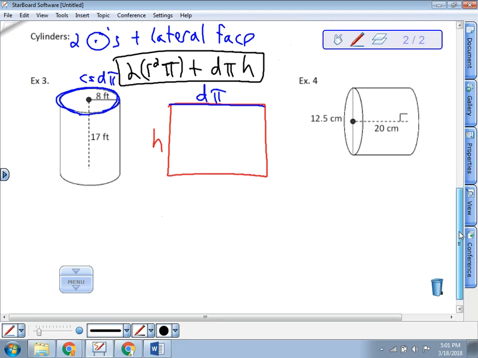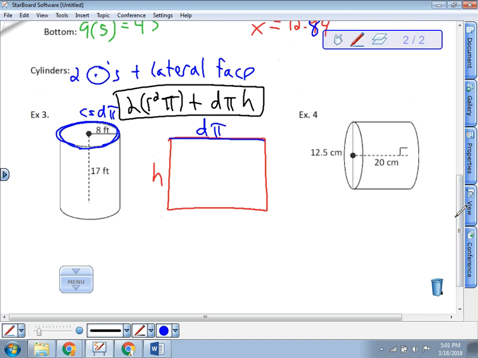Now that we know that, we can simply solve these problems. Surface area of the cylinder is going to equal 2 times the area of a circle. The area of a circle is radius squared times pi, so that's 8 squared times pi, plus the diameter times pi, so 16 times pi times the height of 17.